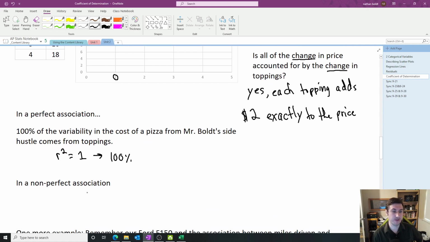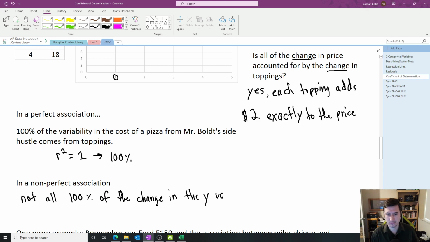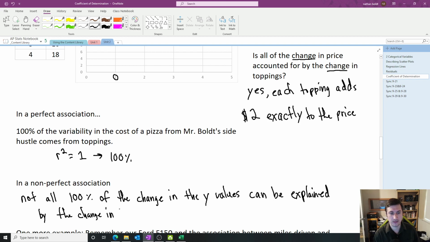So in a non-perfect association, not all 100% of the change in the y values can be explained by the change in the x values.